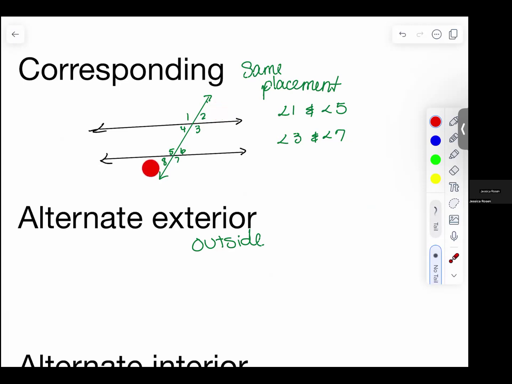So 2 to 8. So alternate is opposite. Outside. So that means that angle 2 and angle 8 are alternate exterior angles. And then also 1 and 7 are alternate exterior angles.